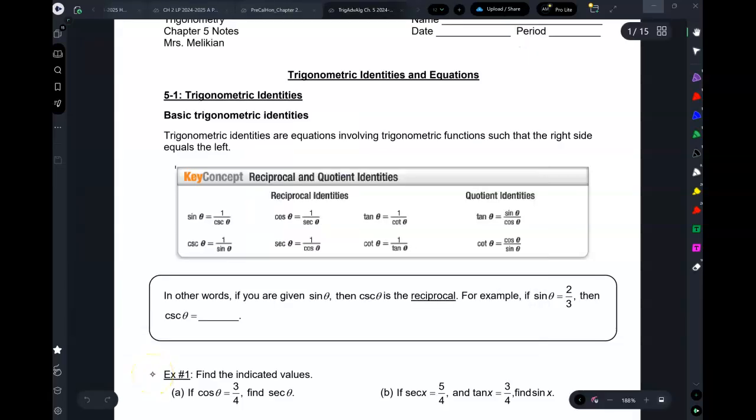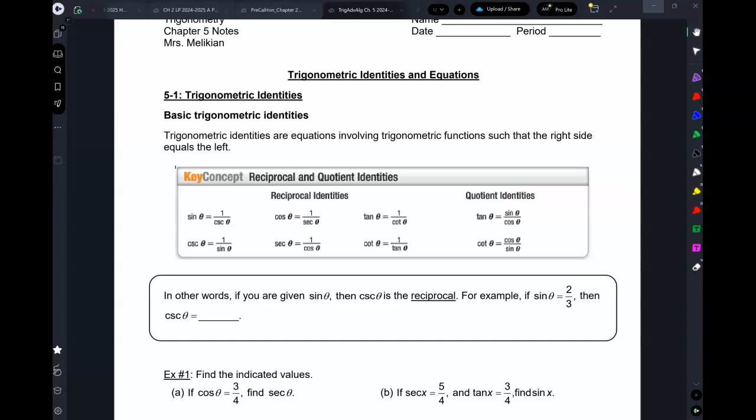All right, so when we talk about trigonometric identities, we're talking about equations with a left side and a right side that put together two trigonometric quantities that are equal, and that becomes a trigonometric identity.